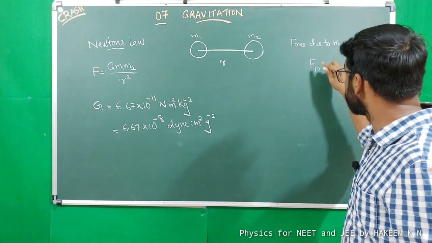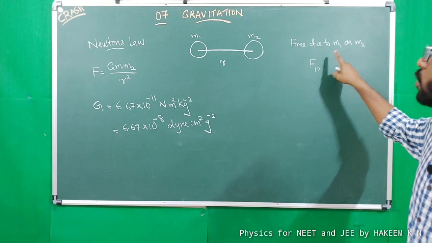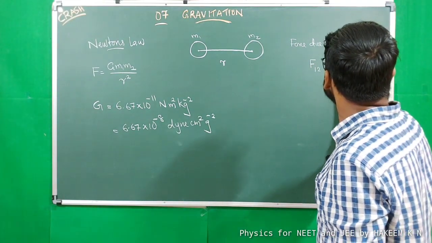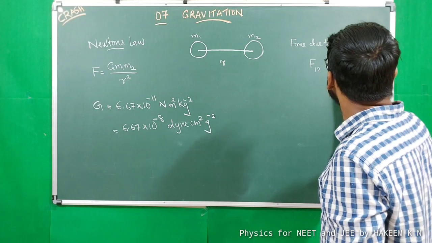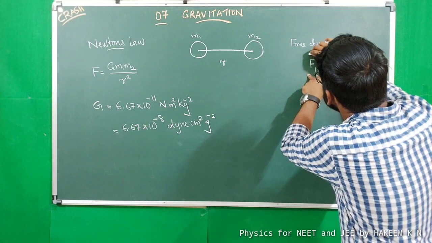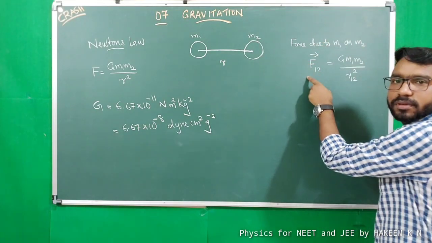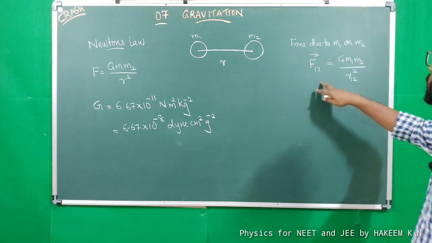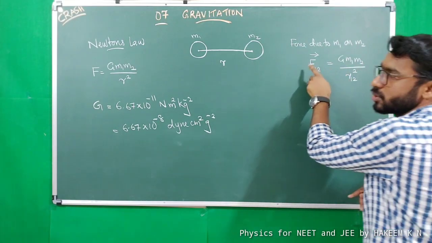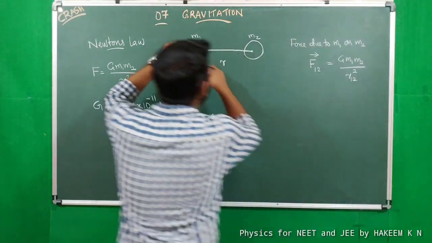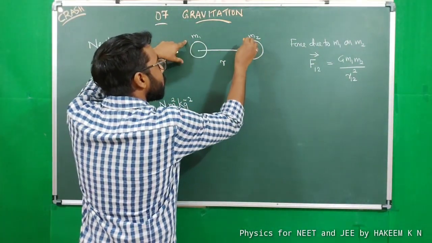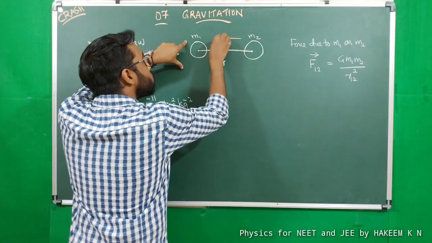F12 equal to G m1 m2 by r12 square, but force is a vector quantity, so we have to represent a unit vector here to show the direction of force. Force due to m1 on m2, what happened? Force due to m1 on m2 is towards m1.